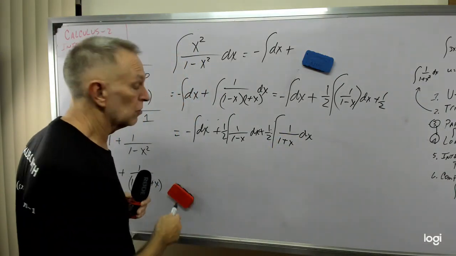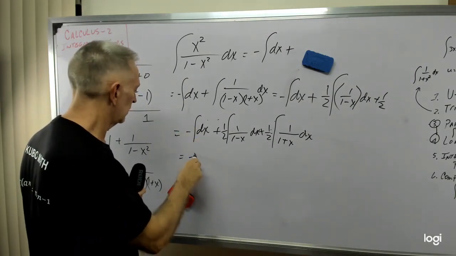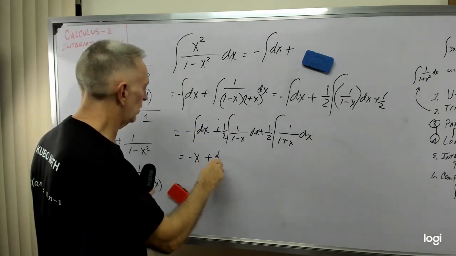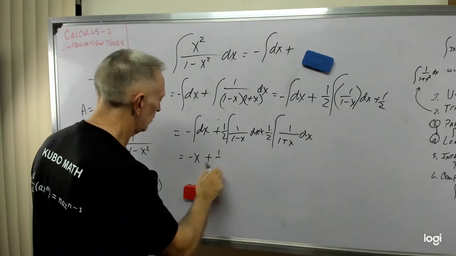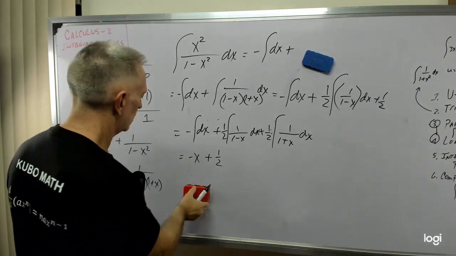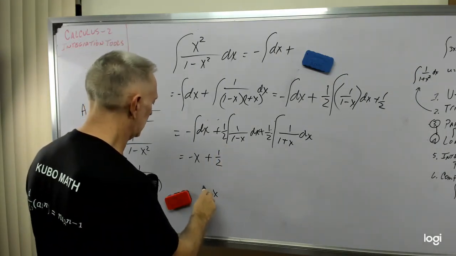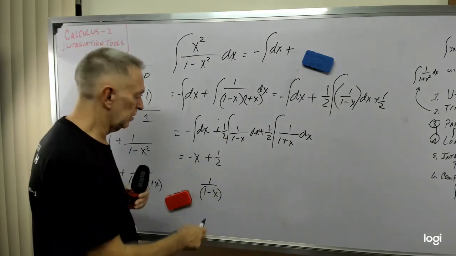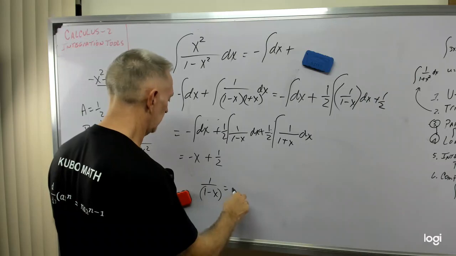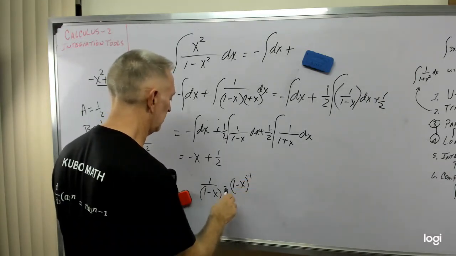Now then, the integral of dx is x, so negative x plus 1/2. Oh, I don't know that we've studied this. I have 1 minus x in the denominator. If I move that up to the numerator, I have 1 minus x to the -1.